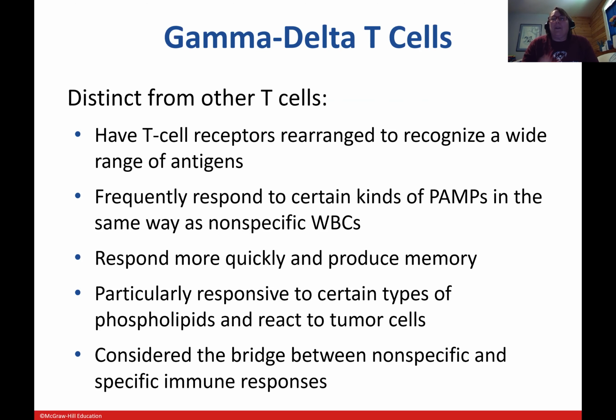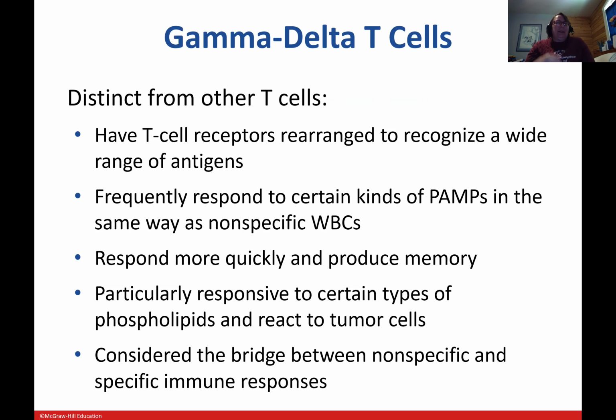And they, again, are frequently responsive to molecular patterns in the same way that the innate immune system looks for those molecular patterns. They respond very quickly, and they produce memory cells. They are particularly responsive to certain types of phospholipids and to certain types of tumor cells with tumor cell markers on them.